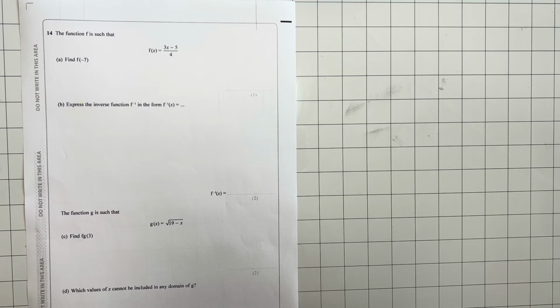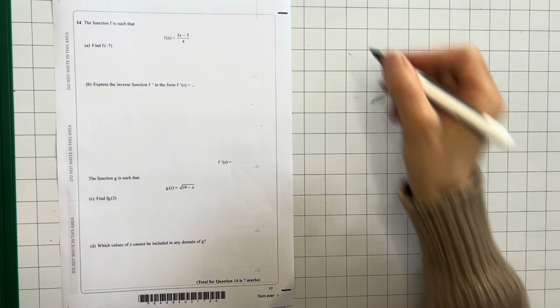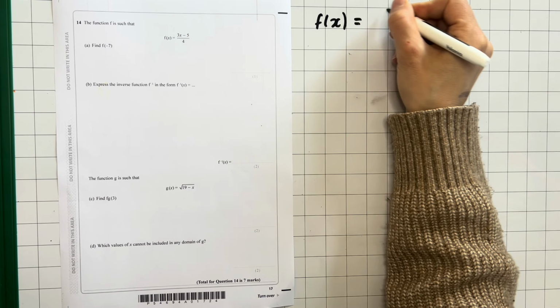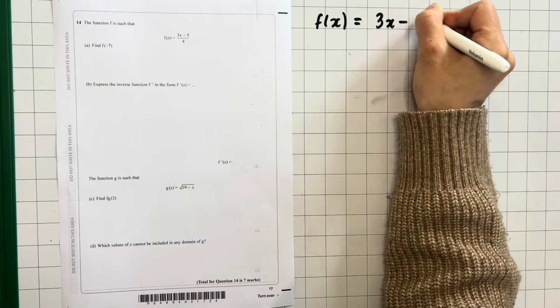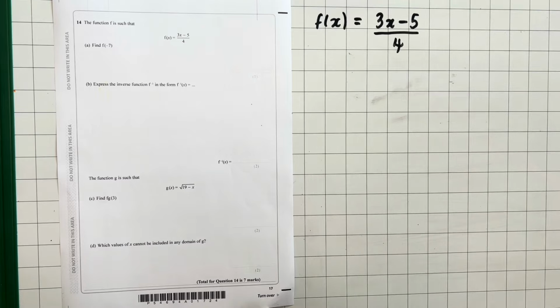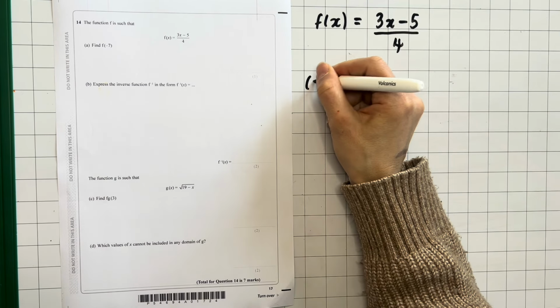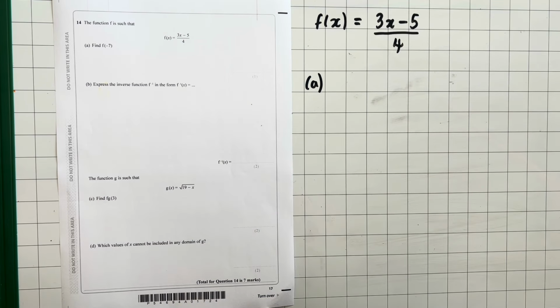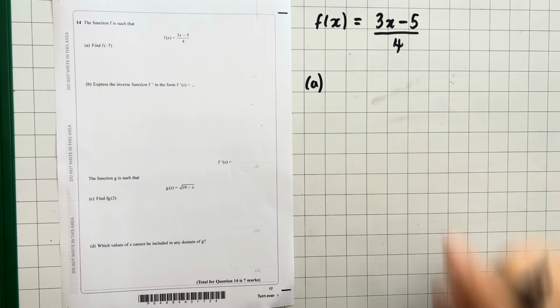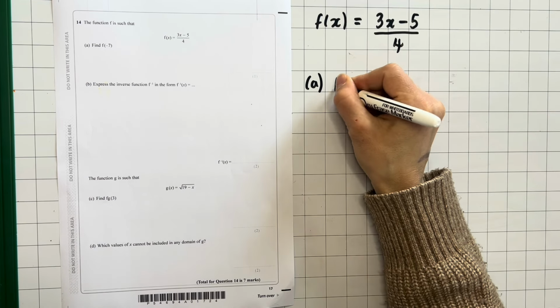Welcome back. We're given the function f as 3x take away 5 all over 4. Part A asks us to find the value of the function given that x is equal to -7. So everywhere we see x, we're going to replace it with -7.